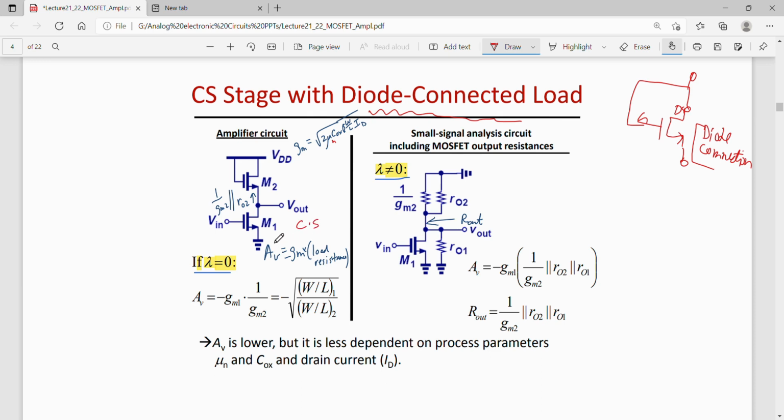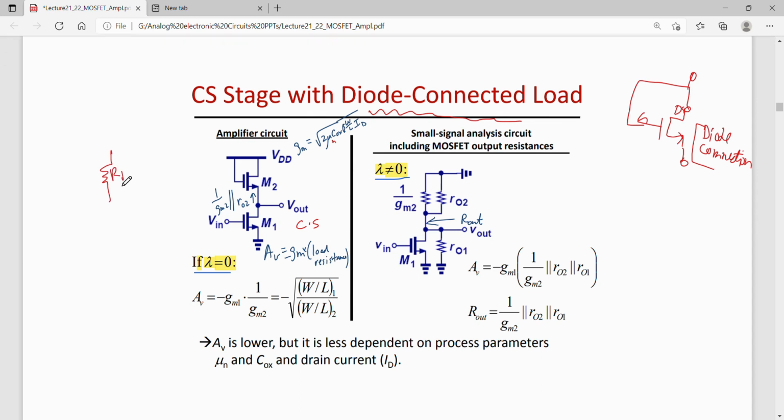So this is my common source stage, which is implemented by M1. Now, to this M1, instead of resistance RD, a diode connected NMOS is connected as load. One can find the gain of this circuit by first considering lambda equal to 0, that is, not considering channel length modulation, and then considering lambda not equal to 0, that is, considering channel length modulation.